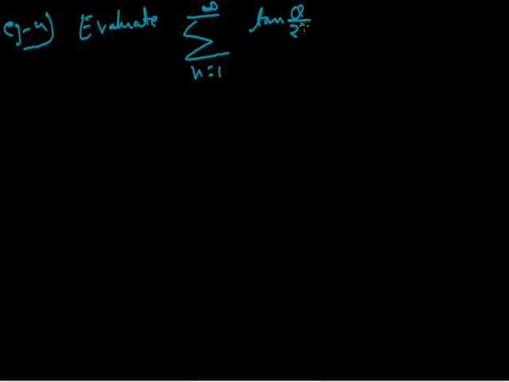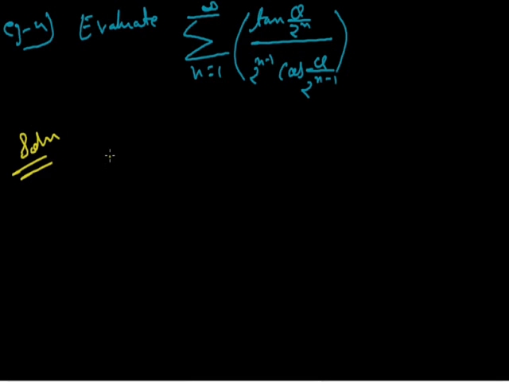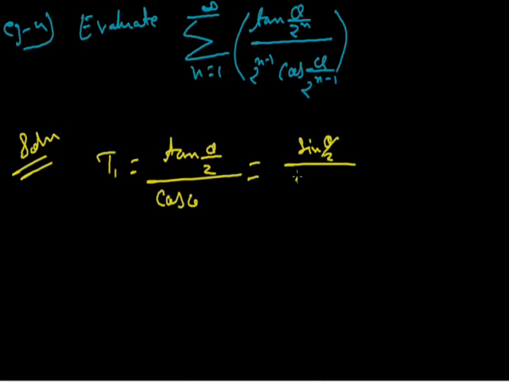Answer. Example number 4. Evaluate the sum from n equals 1 to infinity of tan(theta/2^n) upon cos(theta/2^(n-1)). According to the problem, the first term will be tan(theta/2) upon cos theta, which is equal to sin(theta/2) upon cos(theta/2) cos theta.